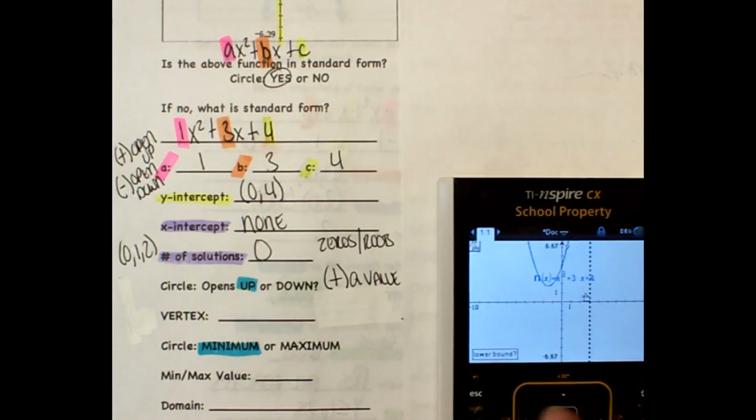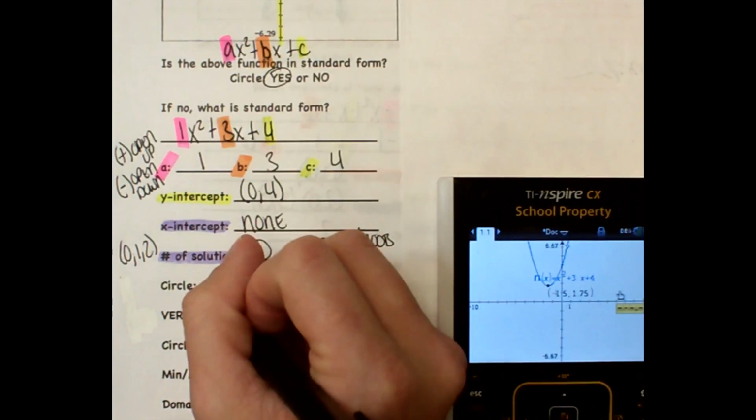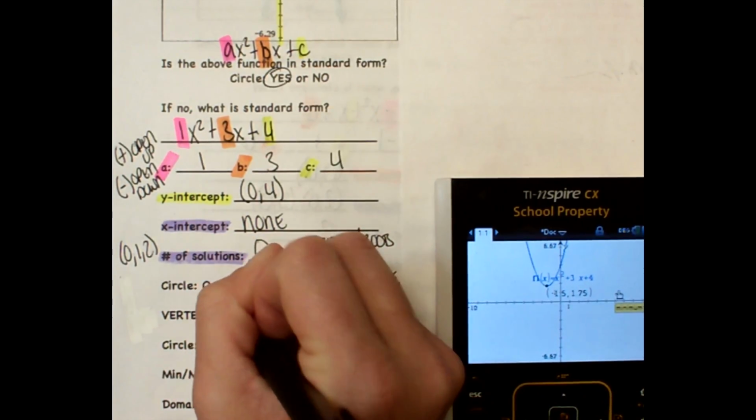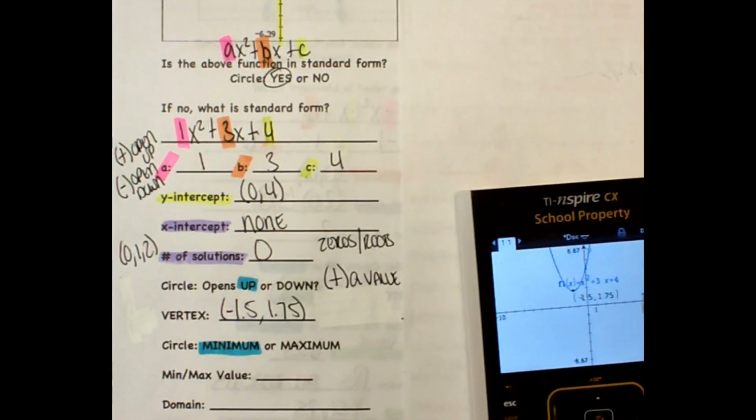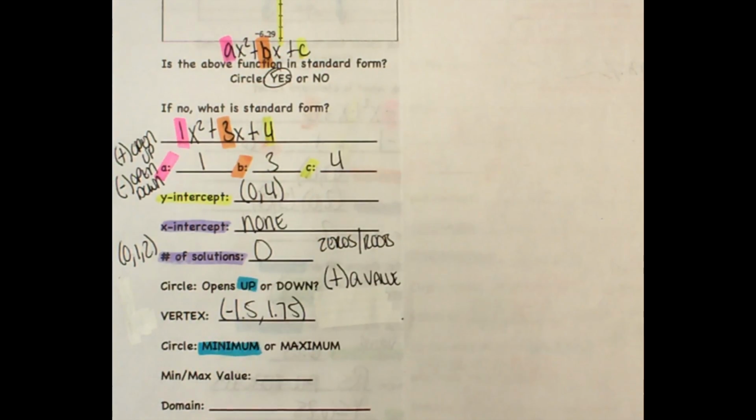You want to take your dotted line and you want to be to the left of the parabola. Click. Highlight your vertex. Make sure you're to the right of it. Click again. So if you look, our vertex is going to be at negative 1.5, 1.75.